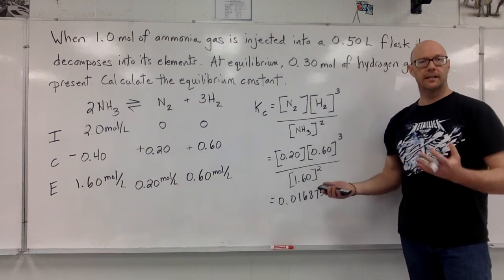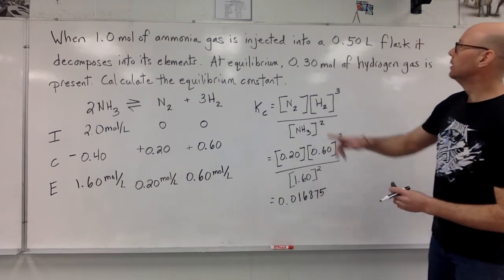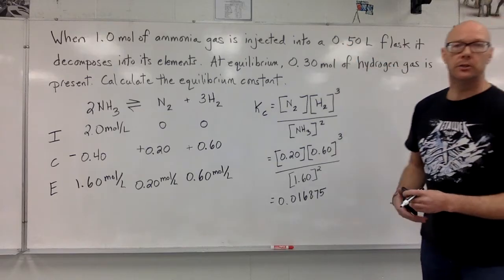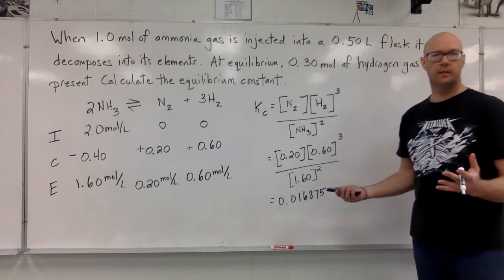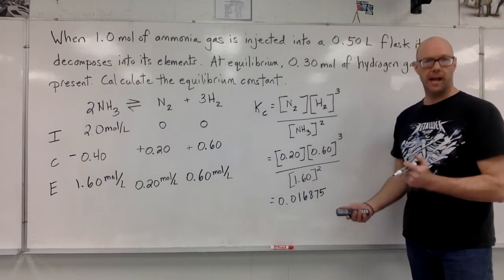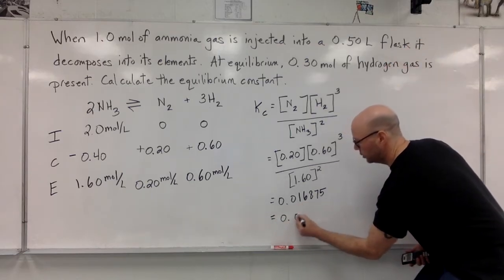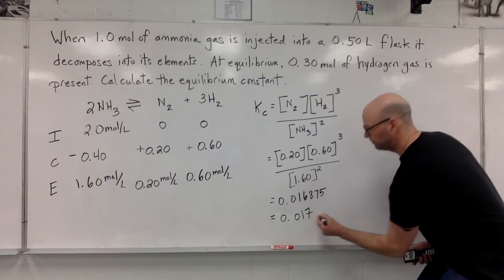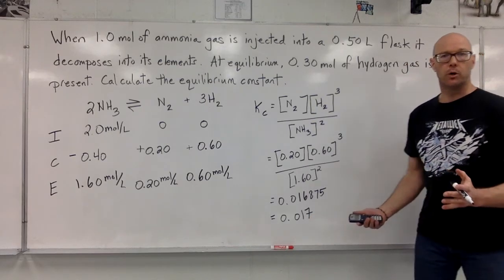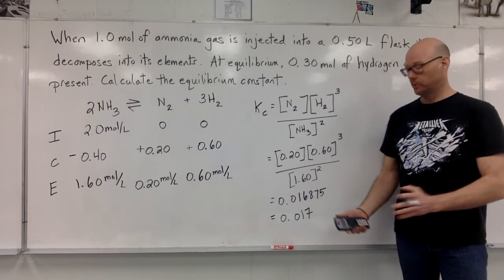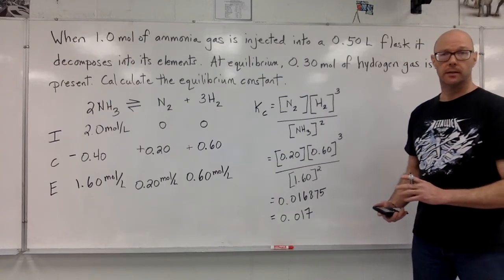We need to go back and consider our significant digits. The three values in the question all have two significant digits, so we want our final answer to have the same number. Turns out to be 0.017. This is the equilibrium constant, does not have units, so we made it to the end.